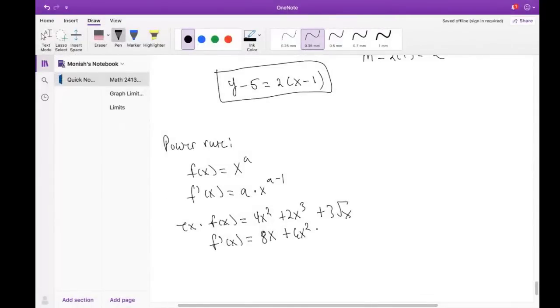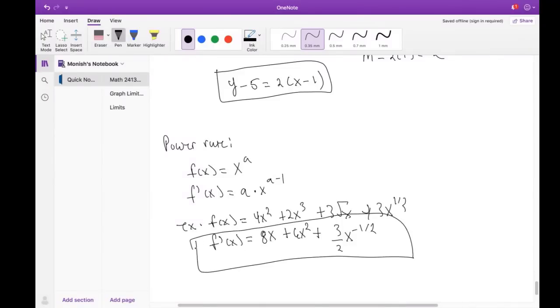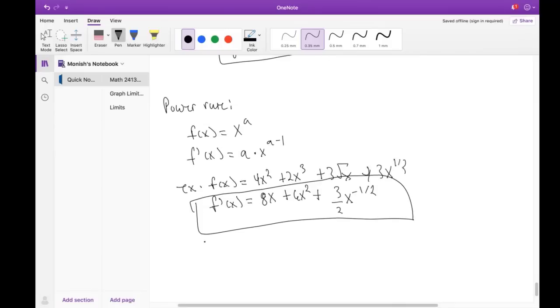So this could just be rewritten as 3x to the 1/2. So you have 3 over 2 x to the negative 1 over 2, or 3 over 2 square root of x in the denominator. So that would be your final answer for that. That's pretty simple.